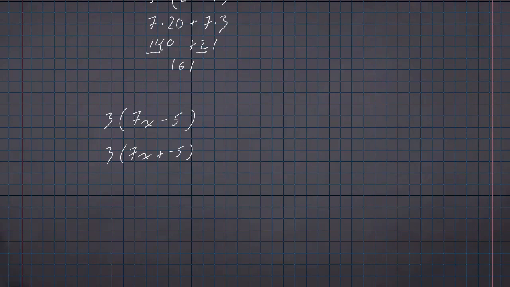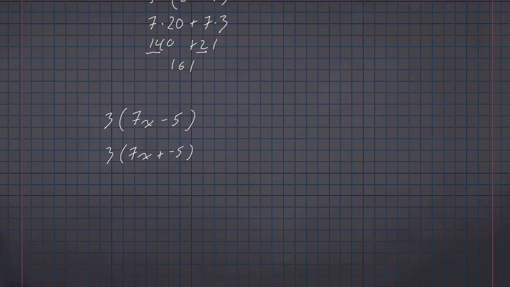If we need to evaluate this, we substitute in the value for x. We multiply times 7. We take that result and subtract 5. We take that result and multiply by 3. Multiply by 7, subtract 5, multiply by 3. That's 3 steps.